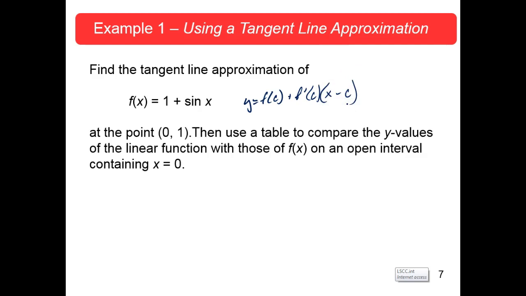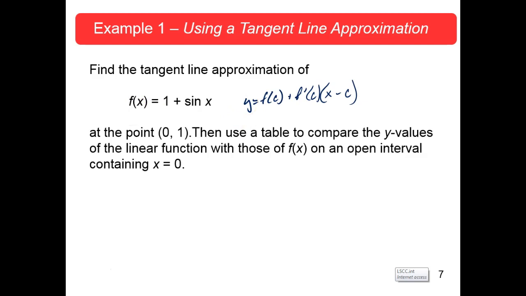Now that's the linear approximation, or the tangent line approximation for the y values here. This is your actual f of x, and this is your approximate f of x, which is y.